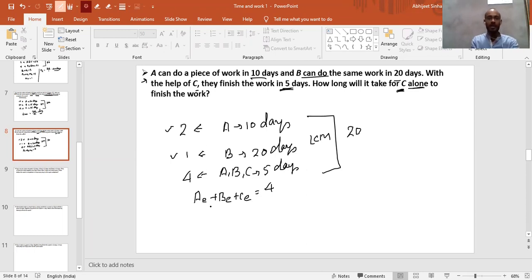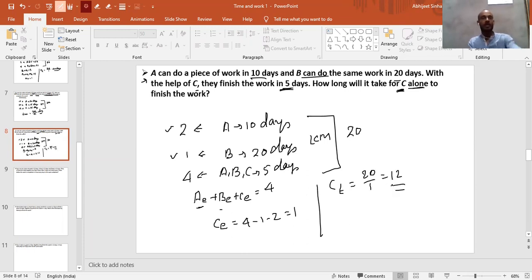So subtracting the efficiency of A and B, C is 4 minus 1 minus 2, which is nothing but 1. Now we need to calculate C's time when C works alone. This is 20 upon 1, which is nothing but 20, right? Okay. So some few of you answered and few not. So guys, those who have not been able to answer, is it clear to all of you?